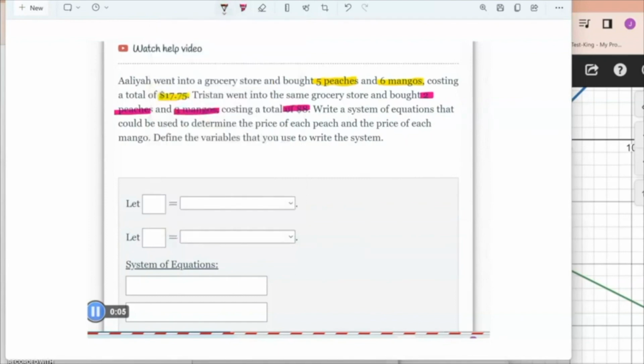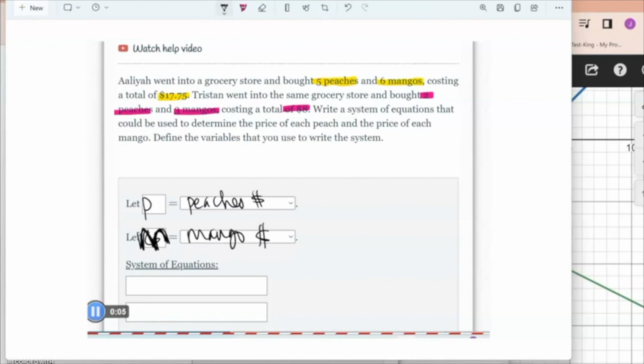So I will let P be peaches. And when it's 6 numbers, it's not number of peaches, it's money, so it's the cost of a peach. M is mangoes. Be careful not to put numbers in here. These are letters. And once again, it's not the number of mangoes, it's the cost of mangoes, because this is about cost.